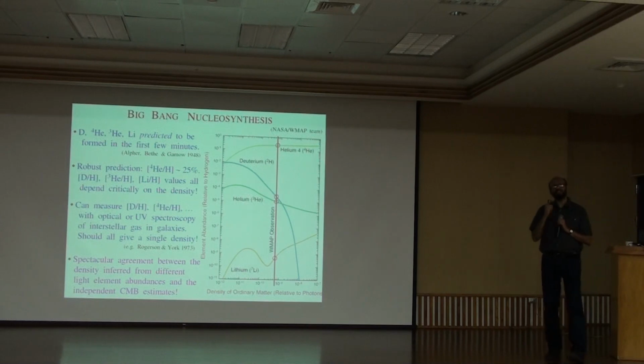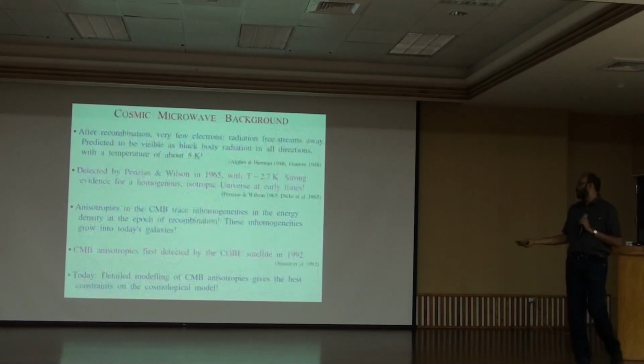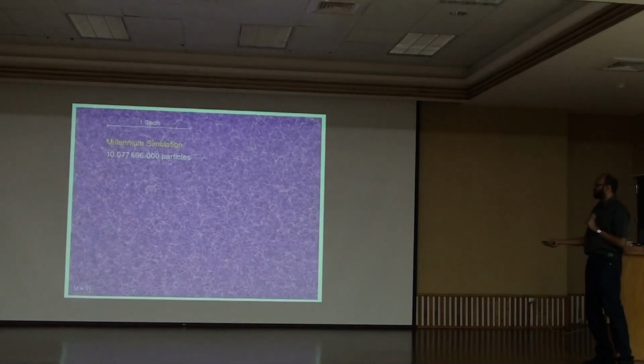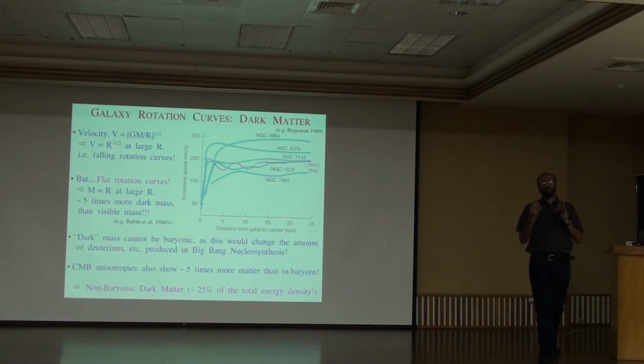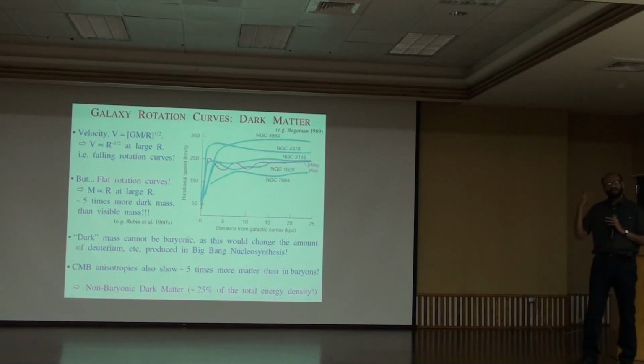I can't increase my baryon density. That's a problem. Because now suddenly I need 5 to 10 times more of this dark mass. But that dark mass can't be baryons. That's the problem. So I now need to postulate a new particle.